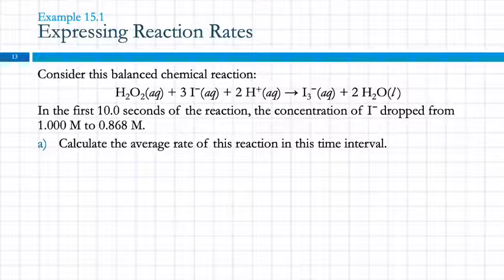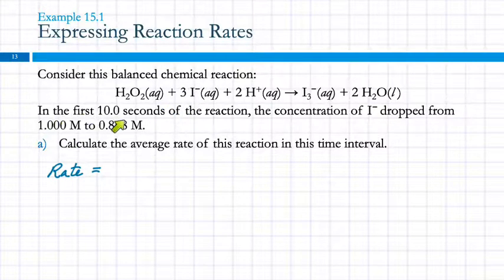So the rate of the chemical reaction is the change in concentration divided by the change in time. If we're looking at I minus, we can say the rate is equal to, this is one of the reactants, right? And so the change is going to be negative.